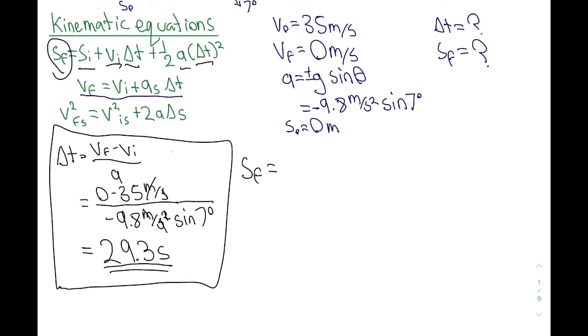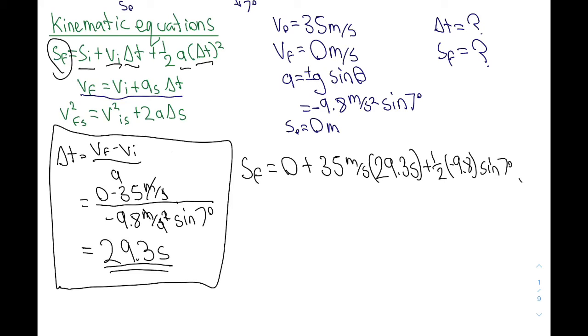Just plug in everything we know currently. 35 meters per second times the time, 29.3 seconds, plus 1/2 times negative 9.8 sine 7 degrees, times 29.3 squared.